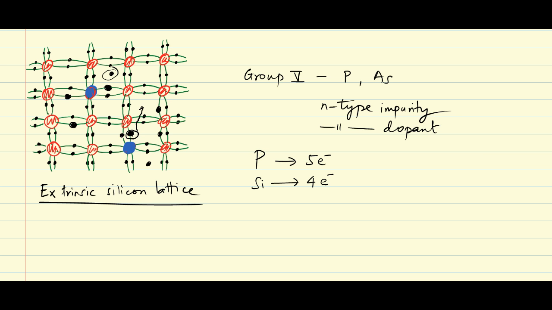It goes over here, it's a free electron. Now in its original position there is a vacancy into which a neighboring valence electron can slip, and such a vacancy is called a hole.